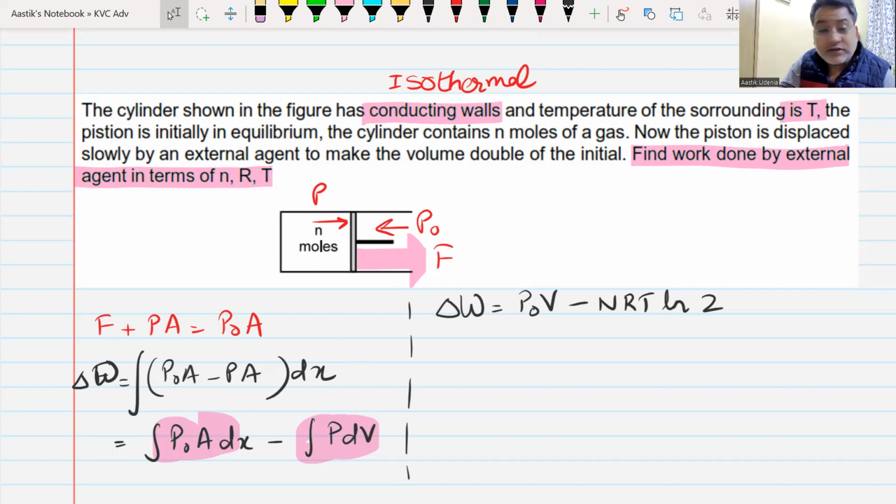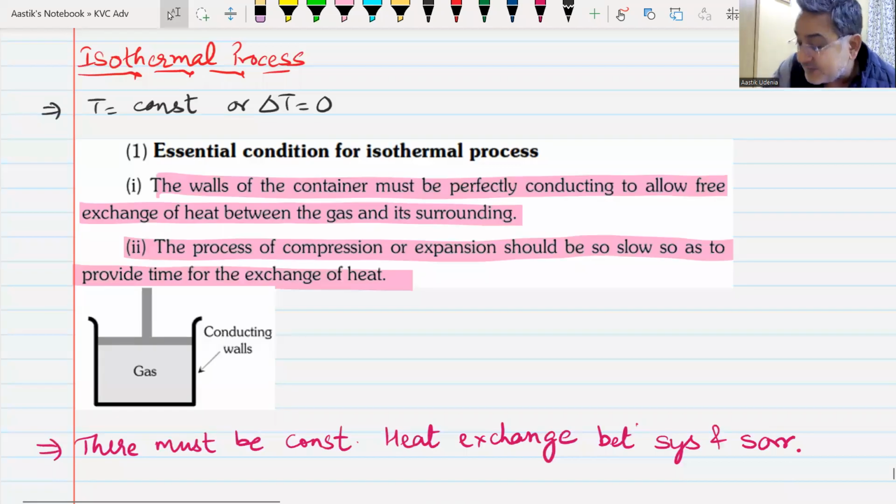And you can see the surrounding temperature was given. That has to be the temperature of the system. Do we understand this? Yes, sir. So sometimes it is not given directly whether the process is isothermal or not. They would give it indirectly. From that indirect thing, you must understand that the process is isothermal. Do we understand this? Have you noted this down? Yes, sir.